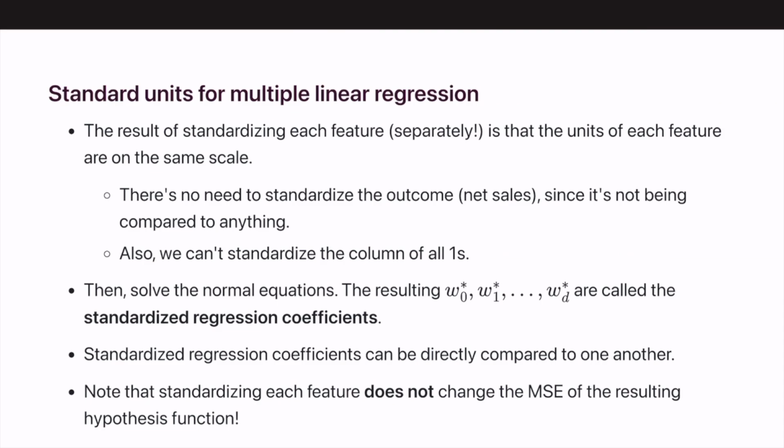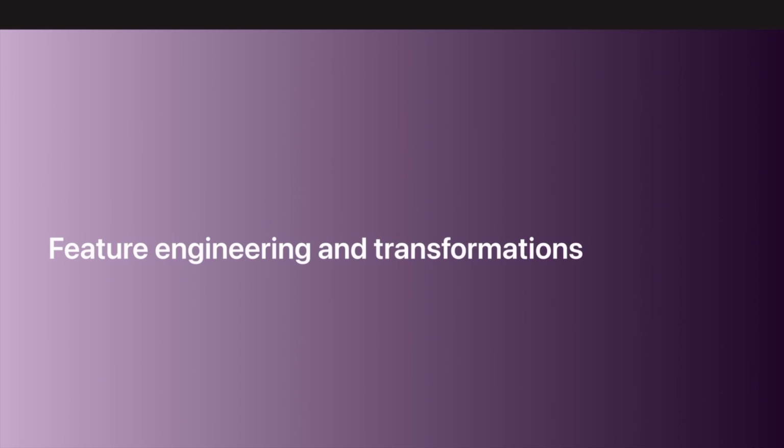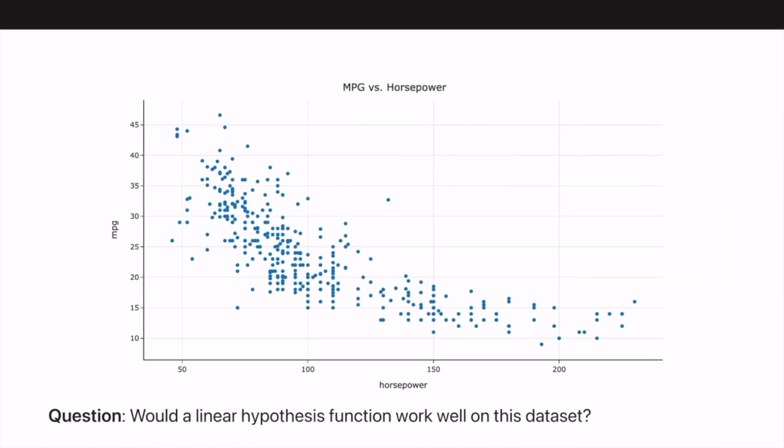Okay, so let's finish off by talking a little bit about feature engineering and transformations of our data. In this example, we have miles per gallon and horsepower, and of course there's nothing saying we can't create a line to fit this data.